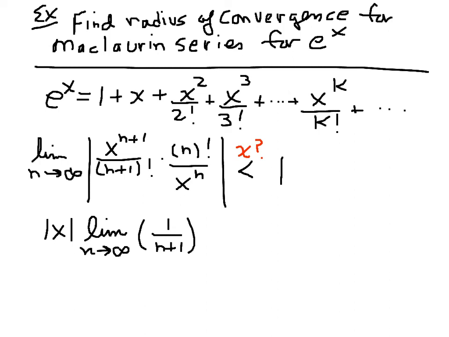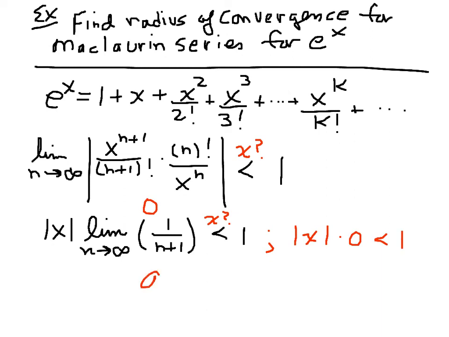And we want this to be less than 1, and we're looking for the values of x which make it less than 1. Well, you're all very bright, boys and girls, men and women, and that limit, you know, is 0. And so therefore what we have is the absolute value of x times 0 is less than 1. Well, what values of x will that be true for?